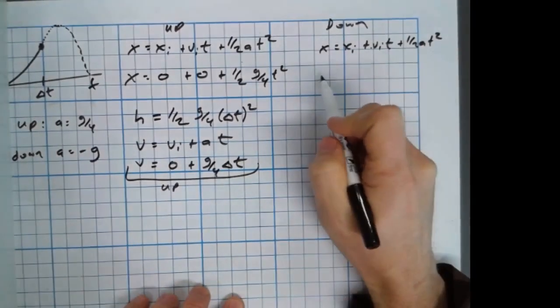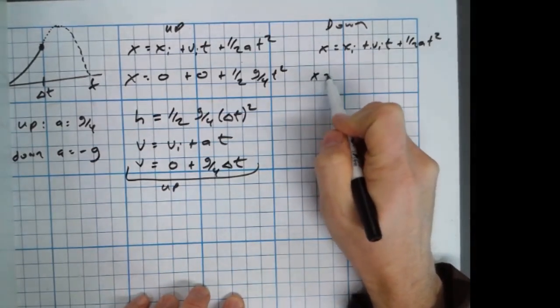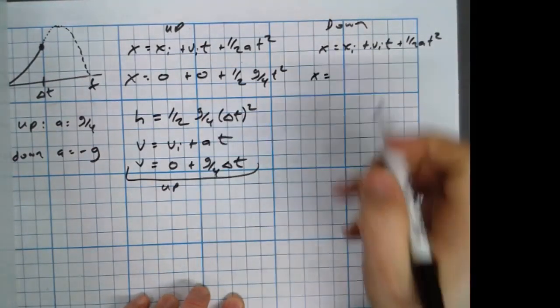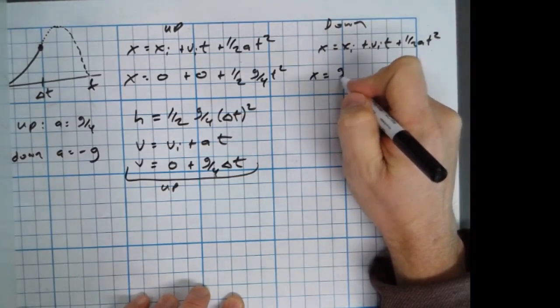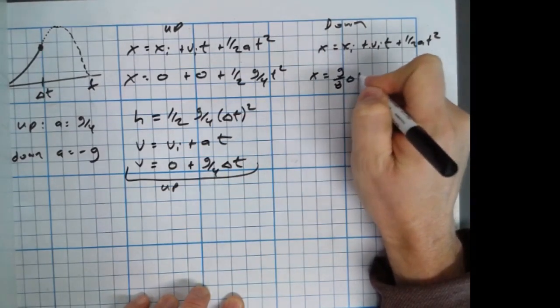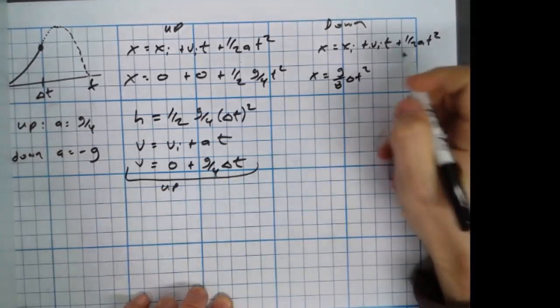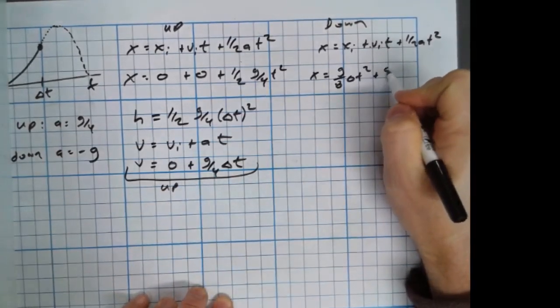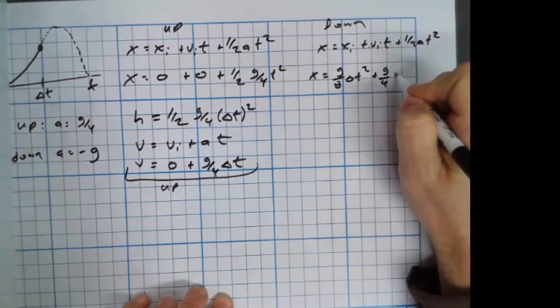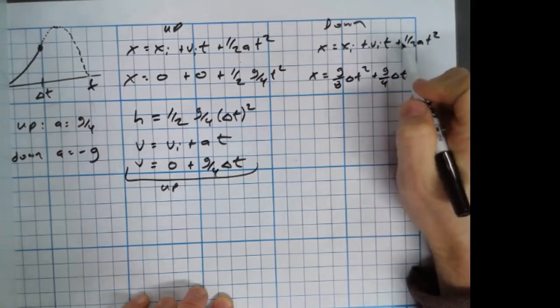And the initial position is that height right there. So g over 8 delta t squared. The initial velocity is that, plus g over 4 delta t, times t.